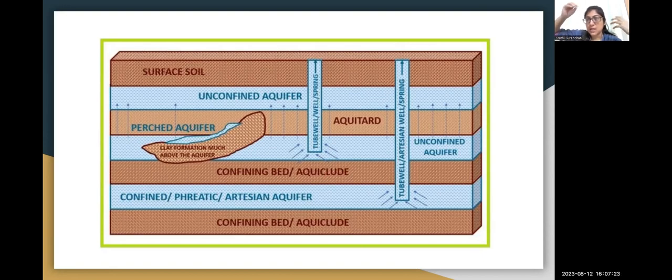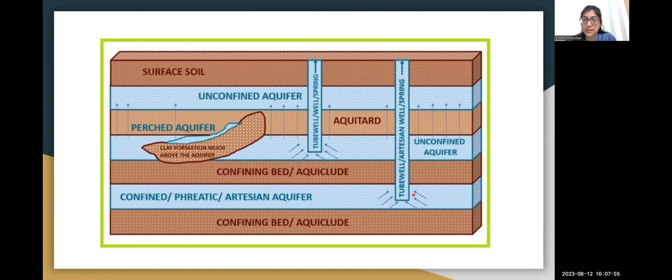So the water will always be at atmospheric pressure, because there is no layer on the top to constrict the motion of water. That is why we say that unconfined aquifer water is having atmospheric pressure. If you measure the pressure of water in an unconfined aquifer, it will be atmospheric pressure. If you measure the pressure of water in a confined aquifer, it will be more than the atmospheric pressure.